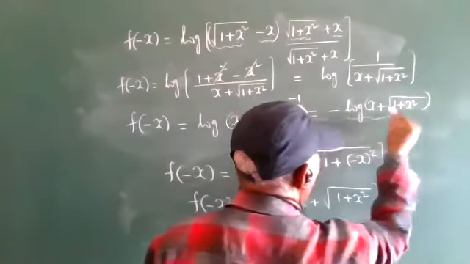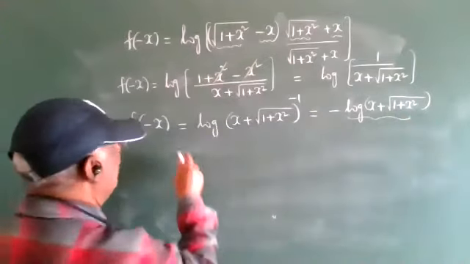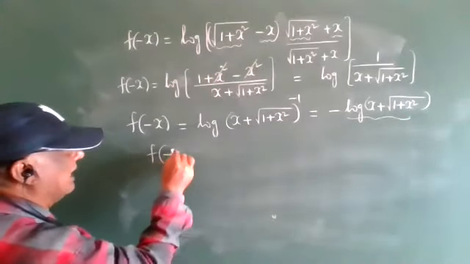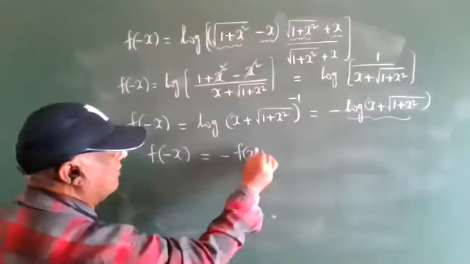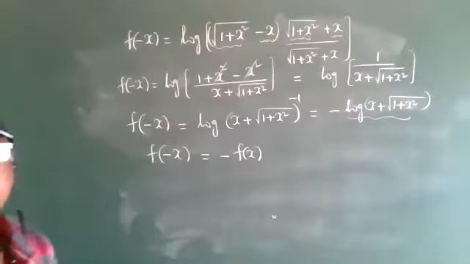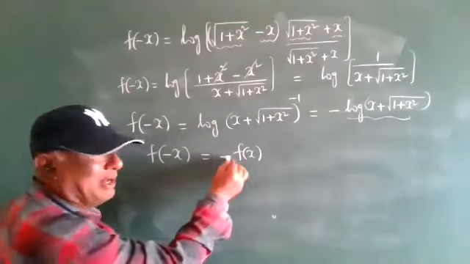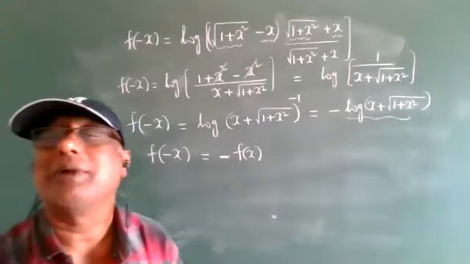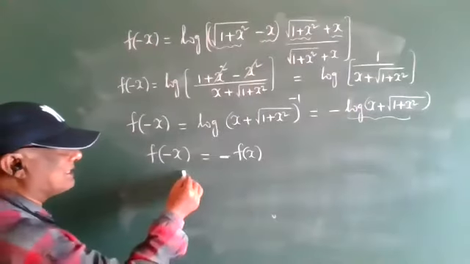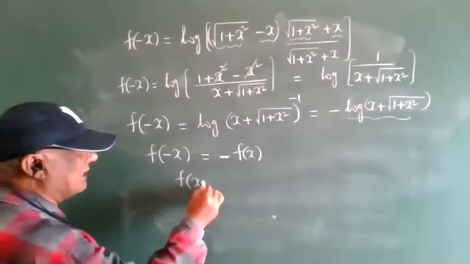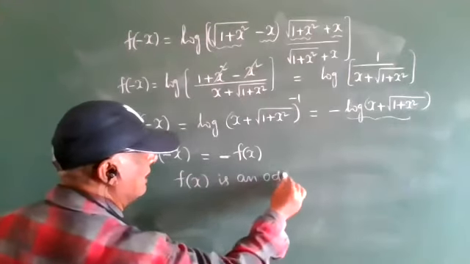This value is the given f of x value. Therefore, f of minus x is equal to minus of f of x. Negative has come, which means it is an odd function. Therefore, take odd function as the answer. So f of x is an odd function.